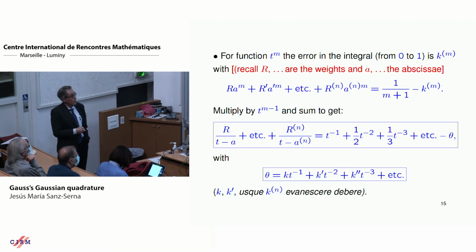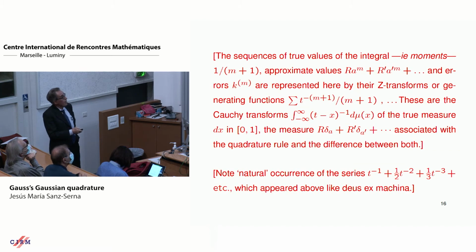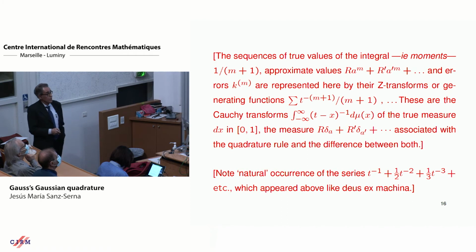So when you integrate 1, you get 1; you integrate t, you get 1 over 2, 1 over 3, and 1 over 4. So you see, in a way, you could have explained things a bit better, because this is just the generating function of the moments.